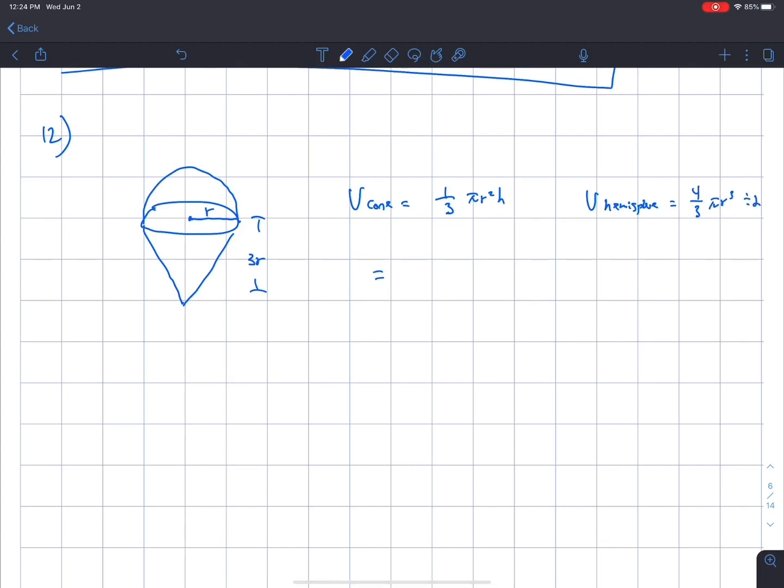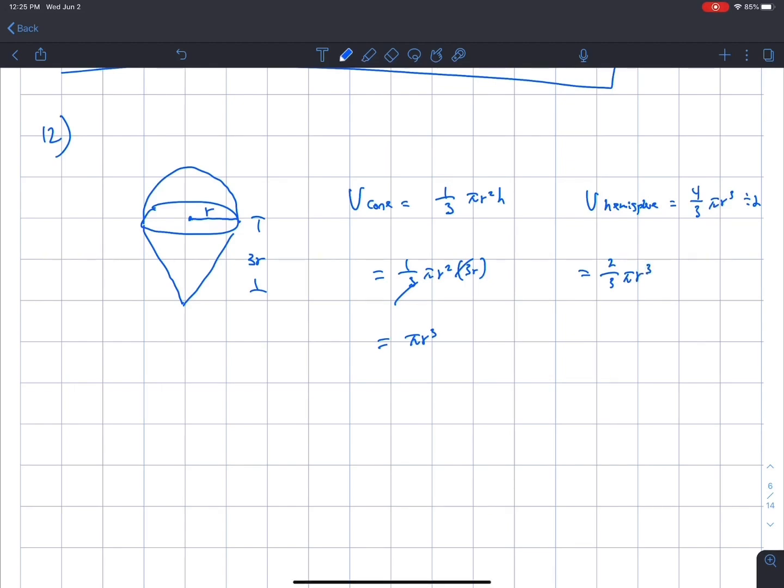So for the cone, we have 1/3 pi r squared times h. h is 3r. So the 3 get crossed out nicely. We get pi r to the power 3. The volume of the hemisphere: first of all, 4/3 divided by 2 is 2/3. So it will just be 2/3 pi r to the power 3.